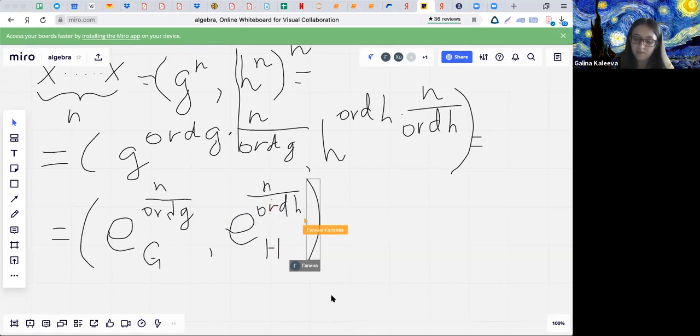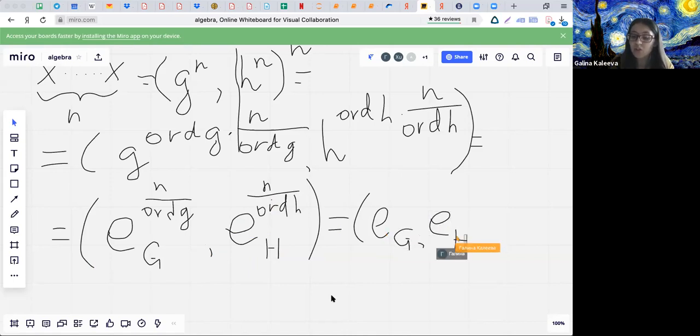And this is the neutral element of G, the neutral element of H, which is the neutral element of our direct product. You see? Any questions about this speculation?